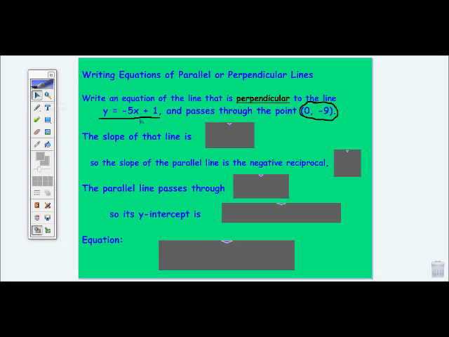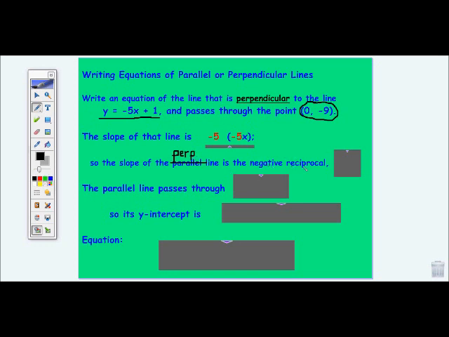The slope of that line is negative 5, or negative 5x. So the slope of the perpendicular line needs to be the negative reciprocal. Or another way to think of it, if those integers kind of still get you down, is an opposite reciprocal.